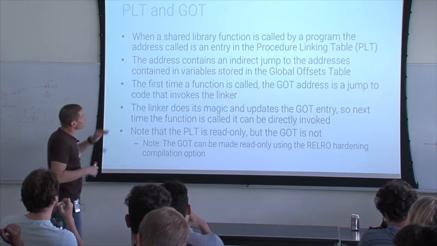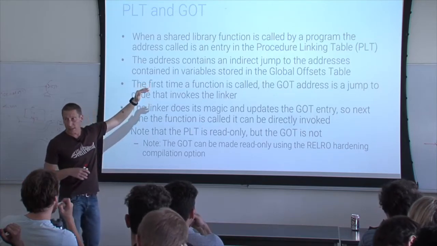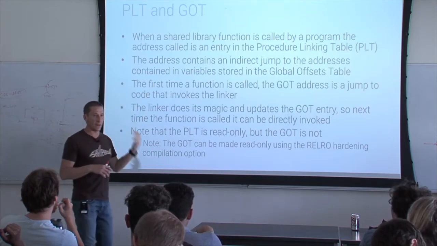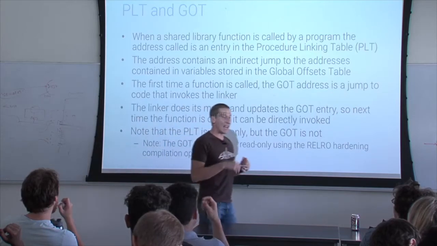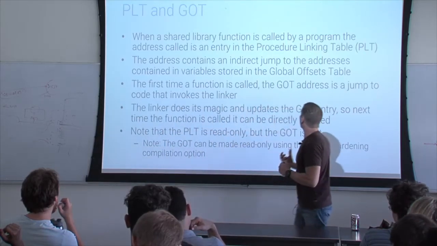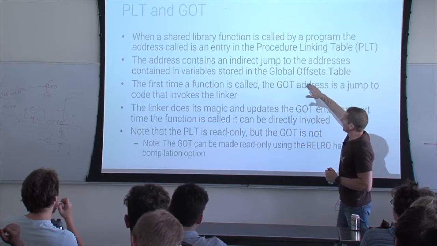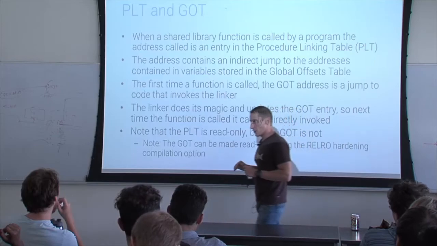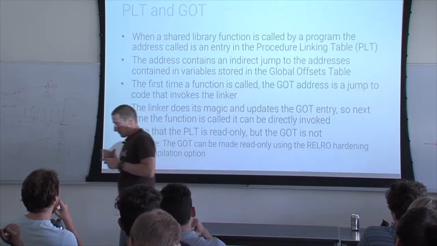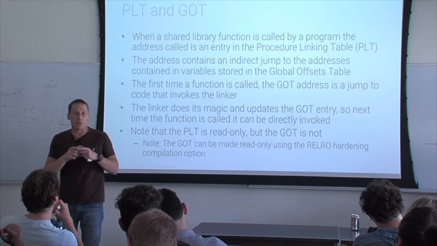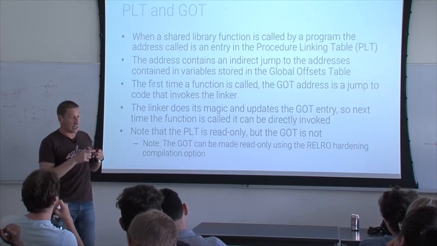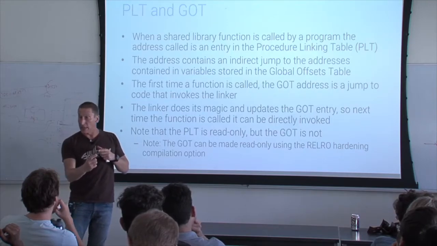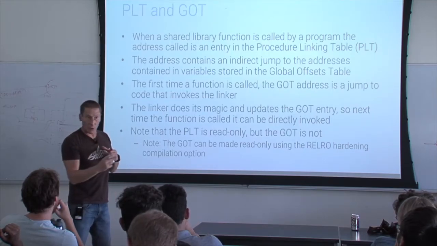What happens is that the linking table fundamentally says, if you want to execute, for example, a printf, you do an indirect jump to an entry that is contained in the global offset table. So the invoking code, through the procedure linking table, says go to the GOT, there is the address that I linked from the remote library.